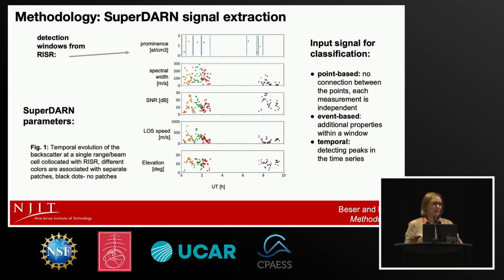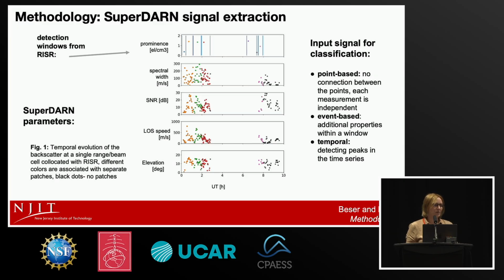So we have this number of data points, and because it is a point-based classification, there is no relationship between the points. We treat these measurements as independent. This was the first thing that we tested, with not much hope, and I will give some details later.